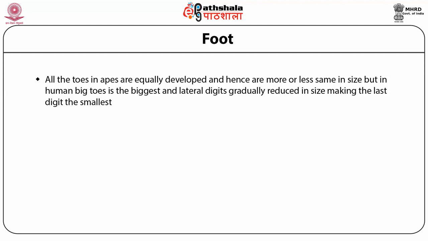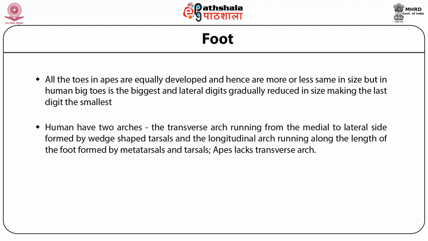But in humans, the big toe is the biggest and the lateral digits gradually reduce in size, making the last digit the smallest. The human foot is also complemented with two arches to accommodate the body weight. First, the transverse arch, running from the medial to lateral side, formed by wedge-shaped tarsals.